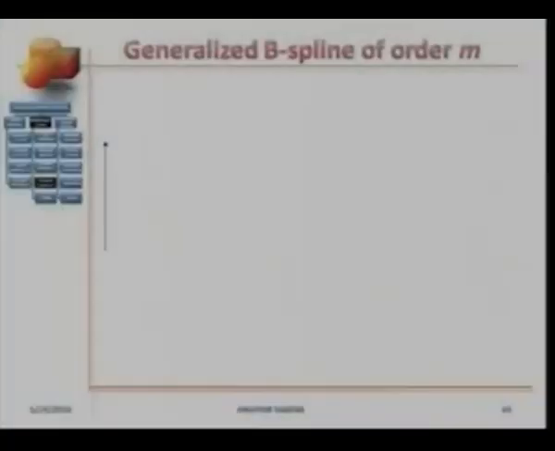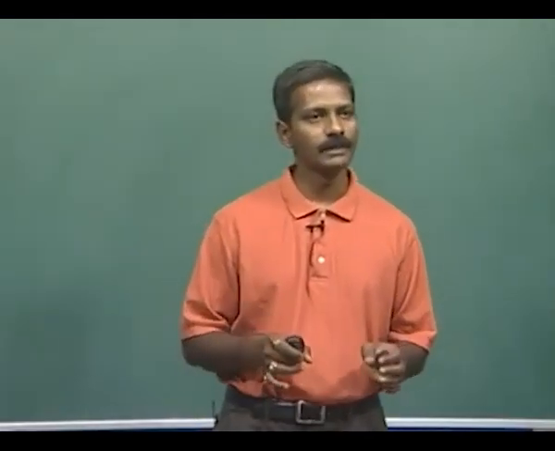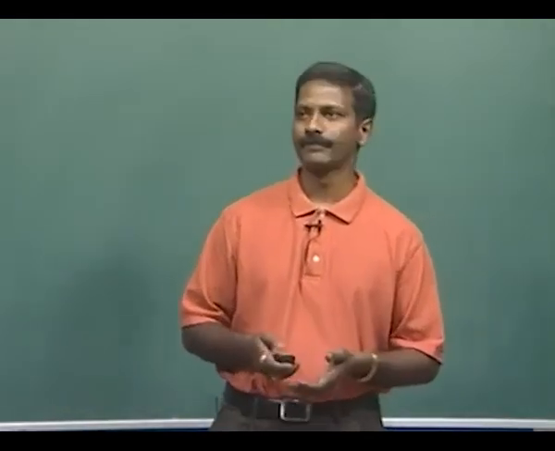I draw the vertical axis, I draw the horizontal axis, and I sketch the B-spline basis function from right to left. I denote my basis function as capital M sub small m comma i. I use 2 indices. The first index represents the order of the B-spline basis function, and the second index represents the last knot over which this basis function stands.